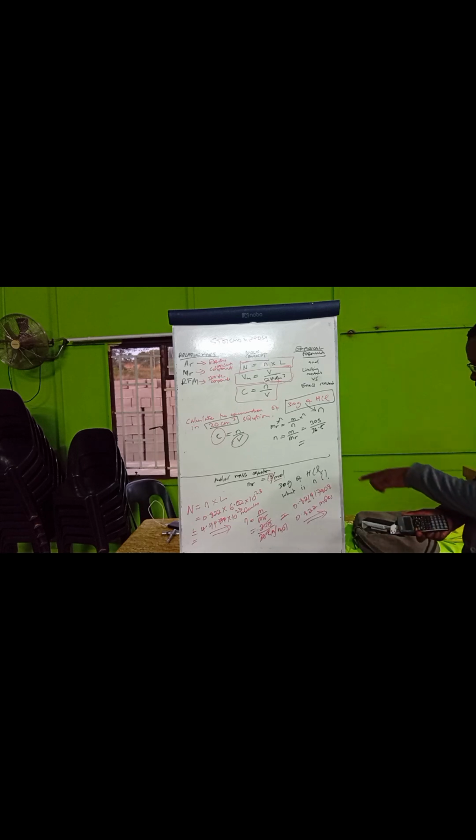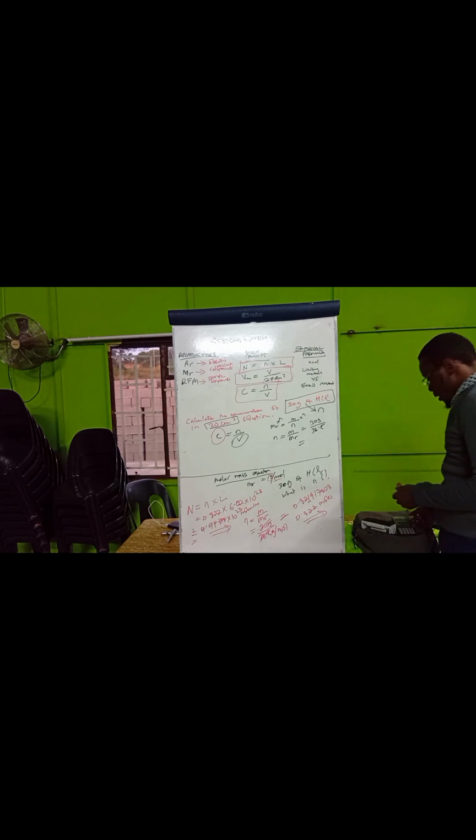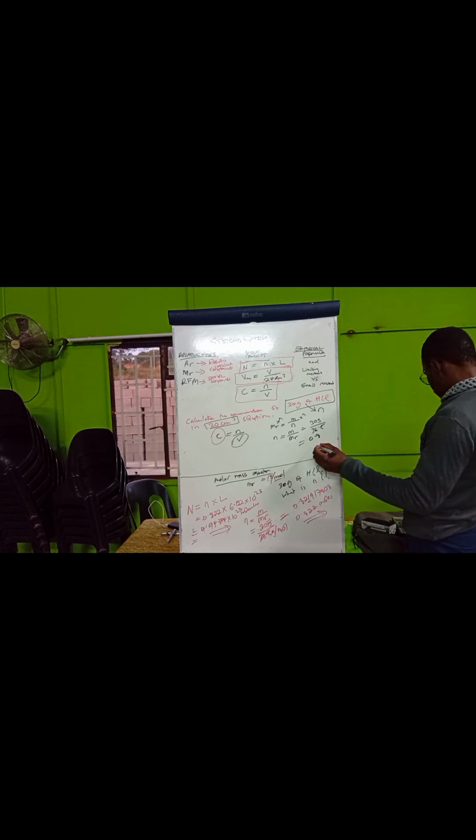I believe it was 0.822. 30 divided by 36.5. Let me do it again on the calculator. 0.821917, so it should be 0.822 moles.